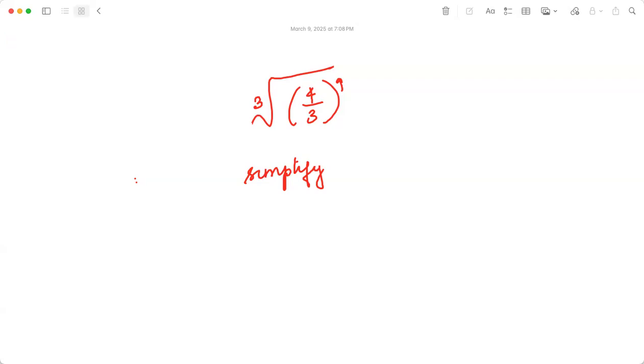Hey, Arya, please don't write it in decimal. I need fractions. I don't want you to use a calculator. Sorry, Arya, I forgot to tell.